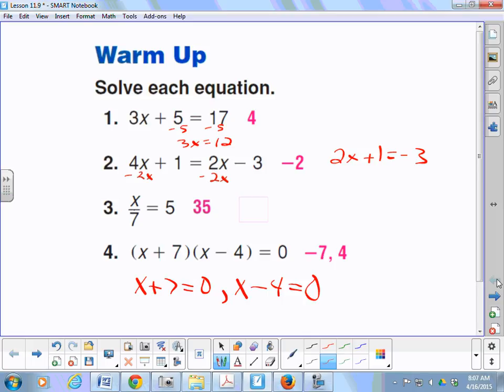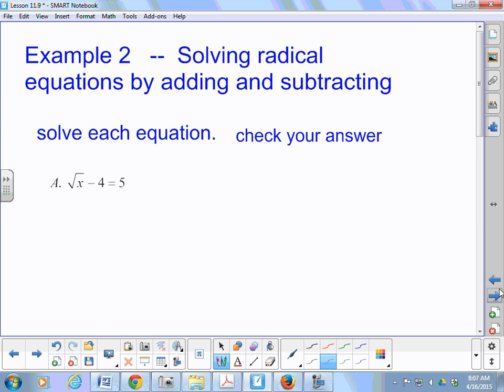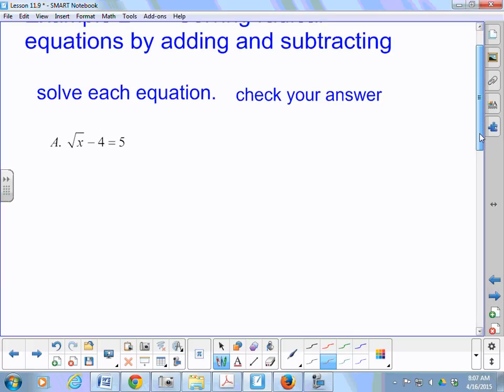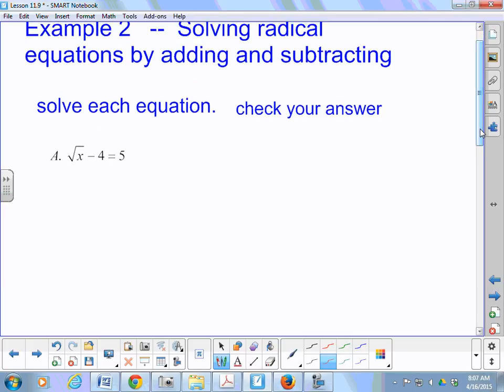We got rid of the 5, right? Because we wanted to get the x by itself. Same thing happens here. We want to get the radical by itself. So our first step, the number 1 thing we're going to do, is isolate the radical.